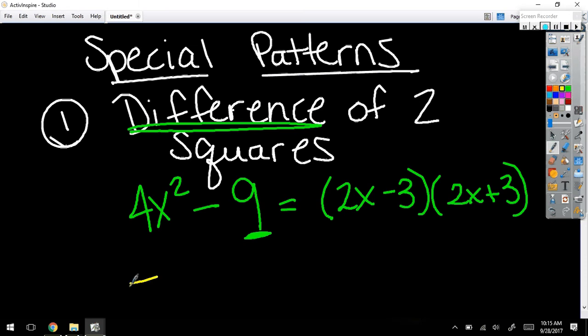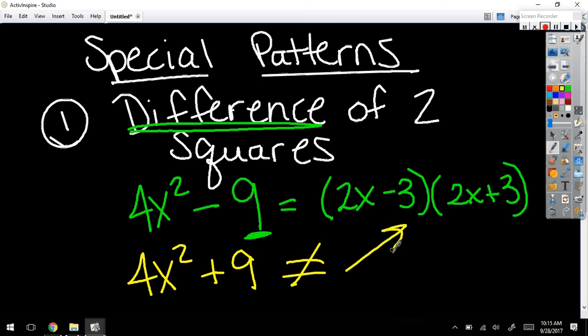Now, be careful, guys, because this does not factor that way if there's a plus in the middle. It has to be a minus. Nothing works if there's a plus in the middle. Remember when we were talking about adding the 0x in the middle? So 4x squared plus 0x minus 9.